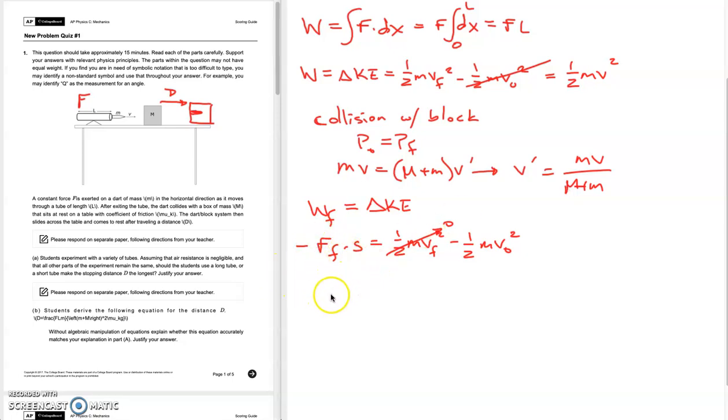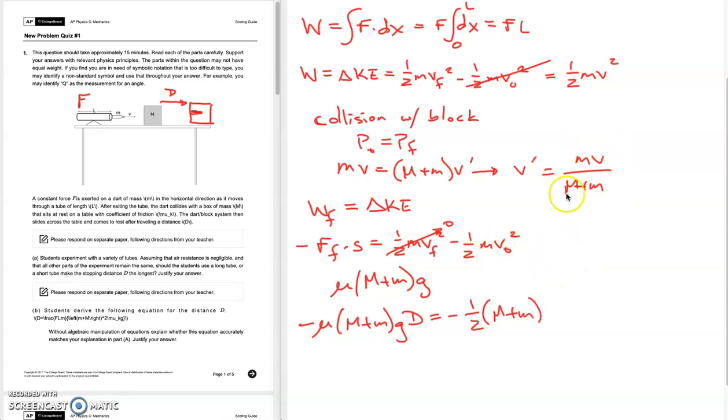And force of friction is going to be mu times weight. So substituting all of these guys together, we're going to have minus mu (m plus M)g, and they told us that the distance that I called s is actually D, and then minus 1/2, and this (m plus M) is the mass of everything, so we will have (m plus M), and that velocity is this guy up here, mv over m plus M. Don't forget to square it.